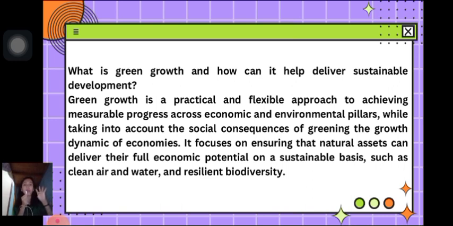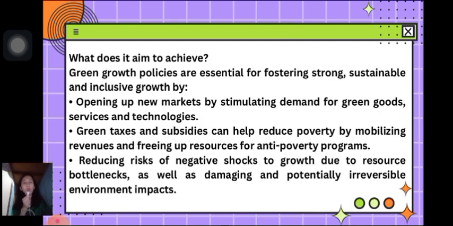In 5, 4, 3, 2, 1. Time's up. So now, what does it aim to achieve? Green growth policies are essential for fostering strong, sustainable, and inclusive growth by first opening up new markets by stimulating demand for green goods, services, and technologies.